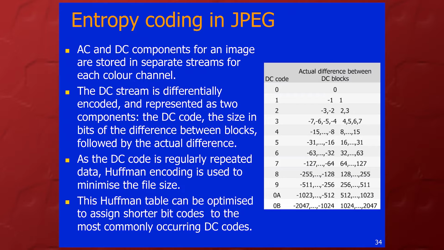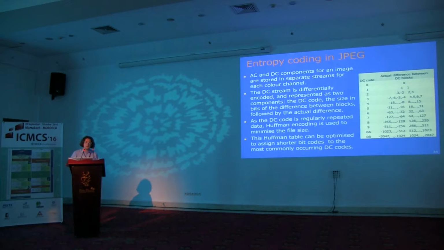At the end, both of these are entropy coded to maximize compression, and usually this is done based on standard Huffman coding. The thing is that in order to not have to do the Huffman coding for each image during the compression stage, JPEG has essentially defined some standard Huffman tables. But as a user, we have the possibility of defining our own Huffman tables, essentially maximizing compression, so minimizing the file size, and that is actually something that is being done by companies like Flickr and so on.